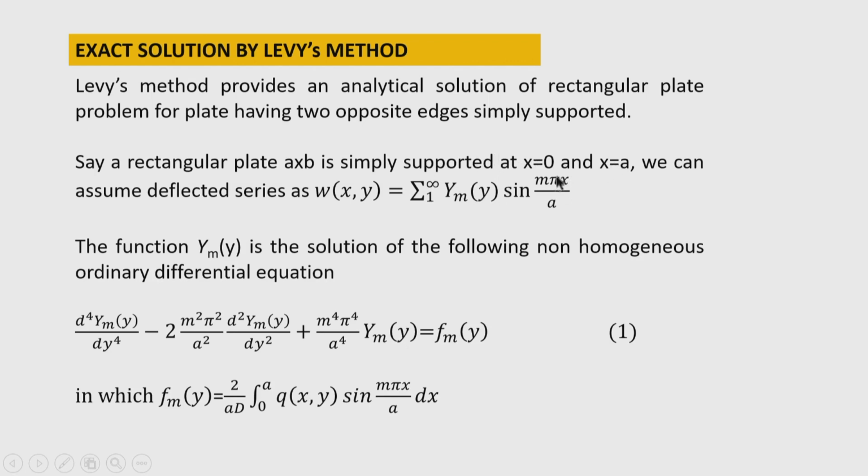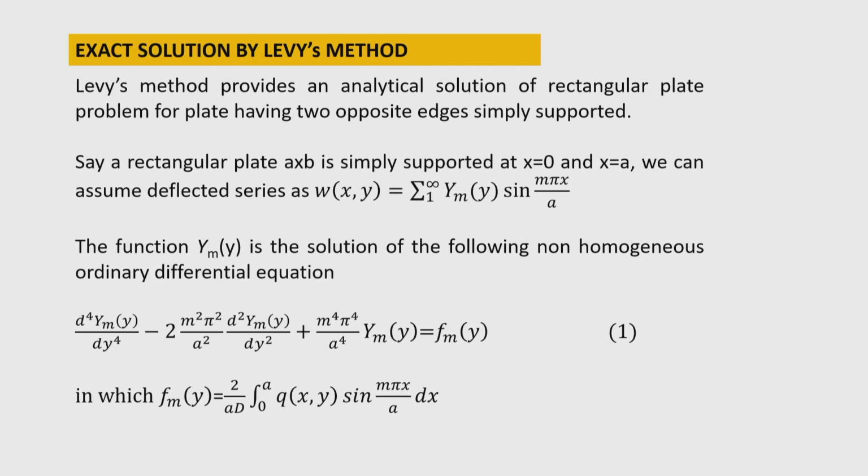So, by taking this deflected surface function, we proceed to satisfy the differential equation of the plate, which is a fourth order partial differential equation. In compact form it is del 4 W equal to q(x, y) divided by D, where D is the flexural rigidity of the plate, given by E h cube by 12 (1 minus mu square).